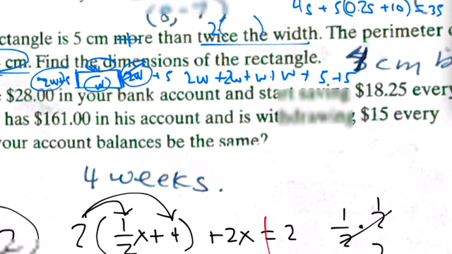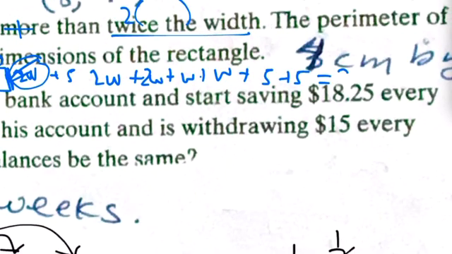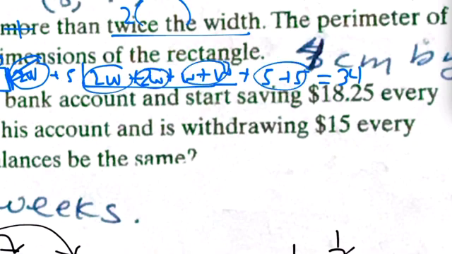So that all equals 34. We solve that. Okay, so 2, 4, 6W plus 20. 6W plus 20 equals 34.